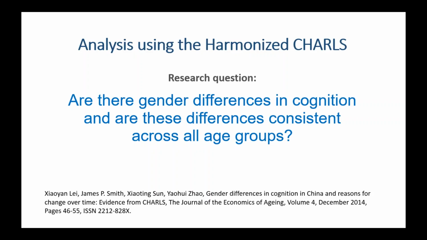You can see the paper cited below by Lee, Smith, Sun, and Zhao in the Journal of the Economics of Ageing in 2014. So we're going to be doing a sample analysis, a reproduction of their work, and then we're going to expand that work by asking how those differences compare to the U.S., and that's in part 2.